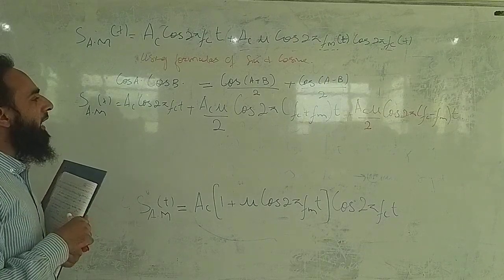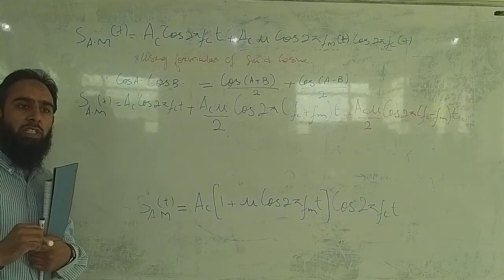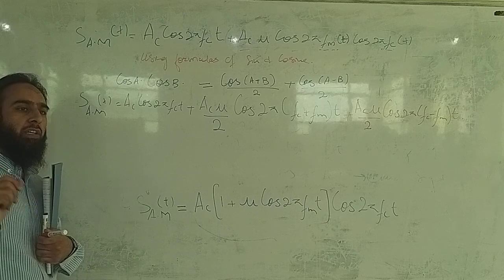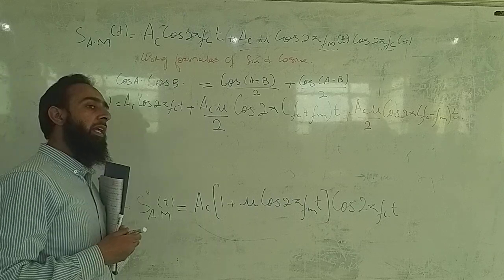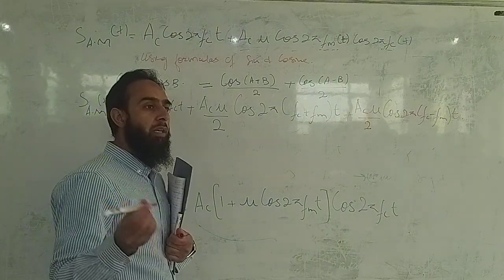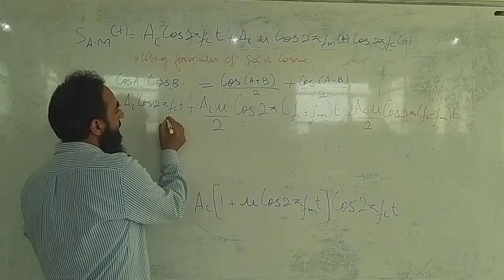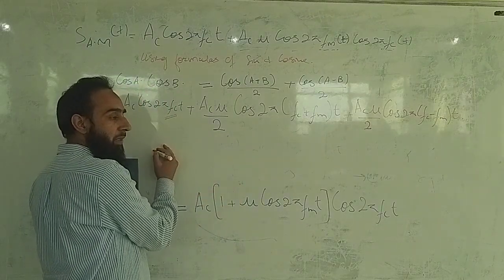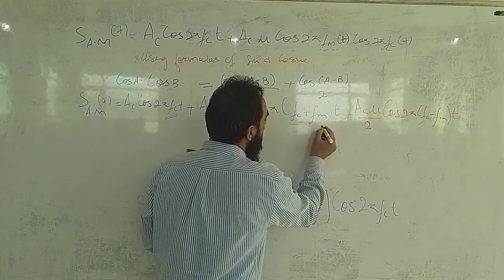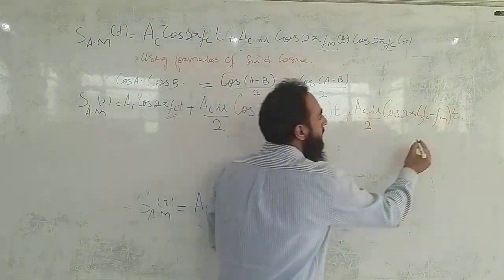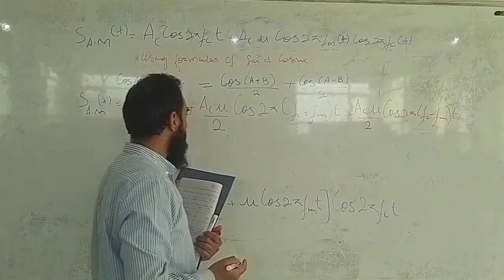So what we analyze is, as a result of this multiplication, or I would say variation of amplitude, we have attained something. What is that something? We had a frequency f_c that is being shifted to another band f_c plus f_m, and we have one more band at f_c minus f_m.